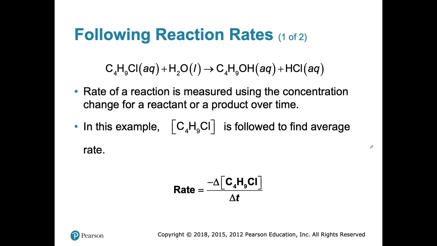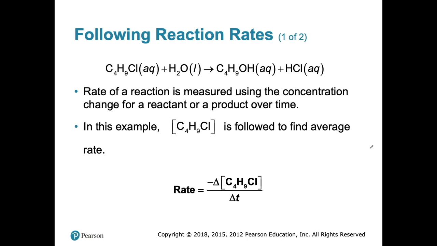And so the equation now is the rate equals negative change in chlorobutane over change in time. Can anyone tell me why we have a negative there instead of just regular old change?